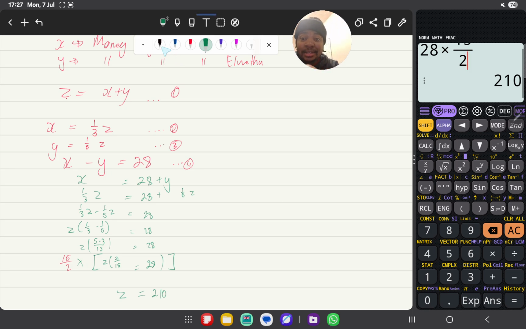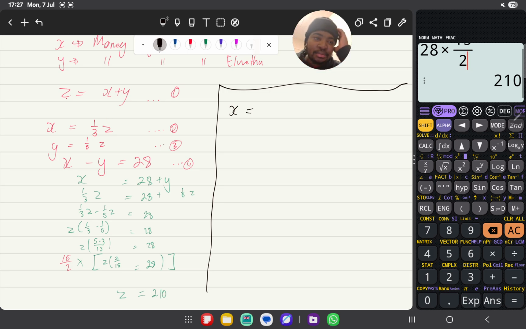So let's test whether this is fine. It has to make sense. So what is x? X is going to be, it looks like I didn't use this equation. It looks like then this one was not necessary. Yes, probably. Yeah, it is. Cause yeah.